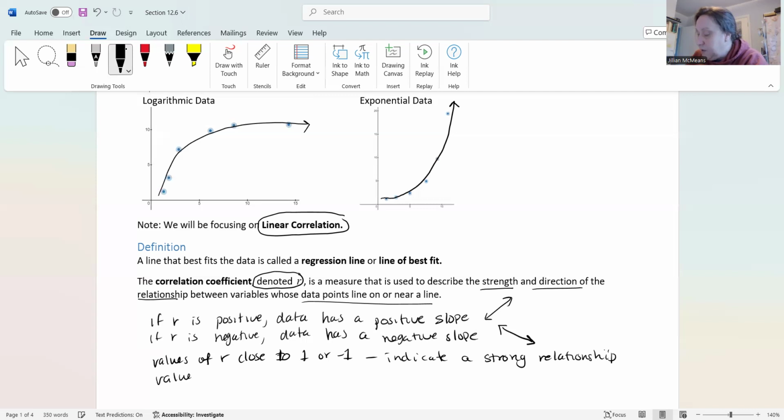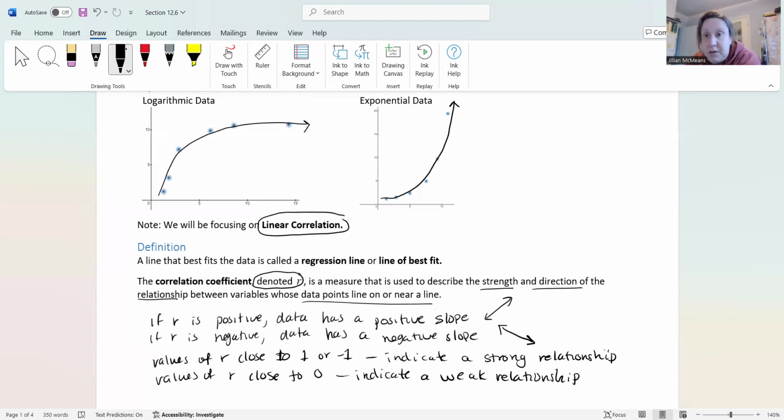And then values of r close to 0, either positive or negative, indicate a weak relationship. And luckily, we have some visuals that are coming up next.